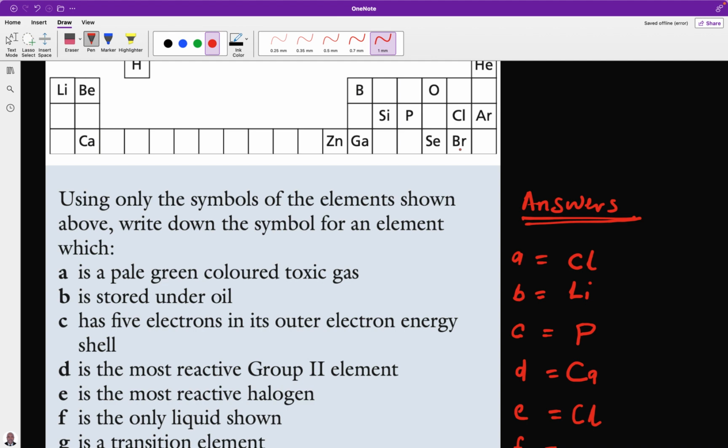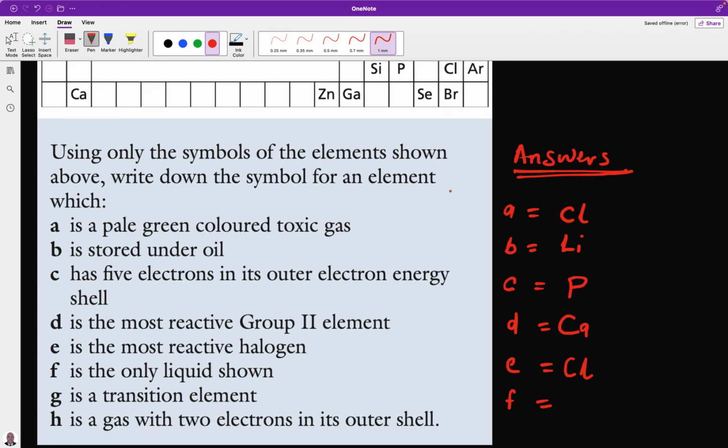So in group 7, the only liquid here is bromine, that is Br. So F is Br.